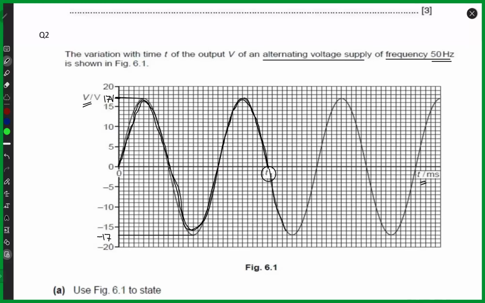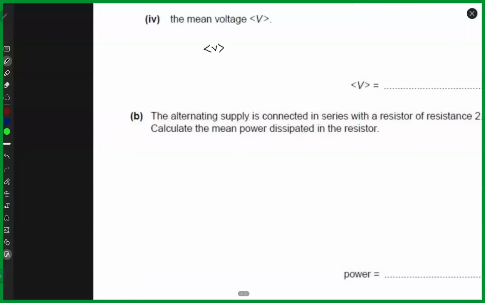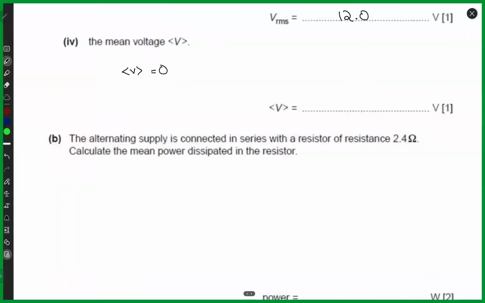So always the mean value of the voltage of this type of alternating current supply is going to be 0. So was that clear?